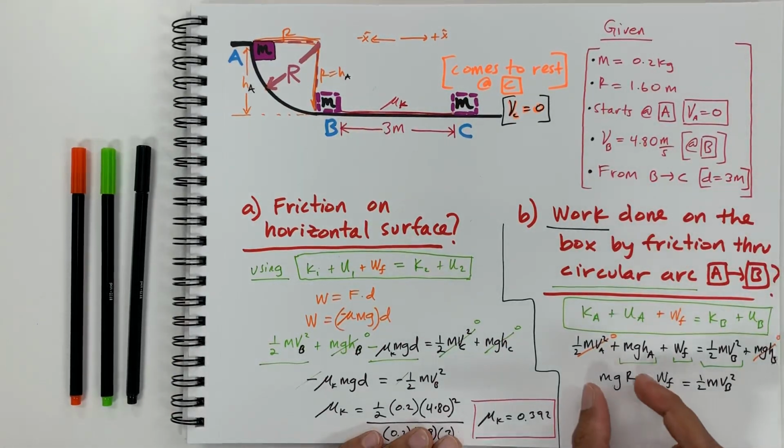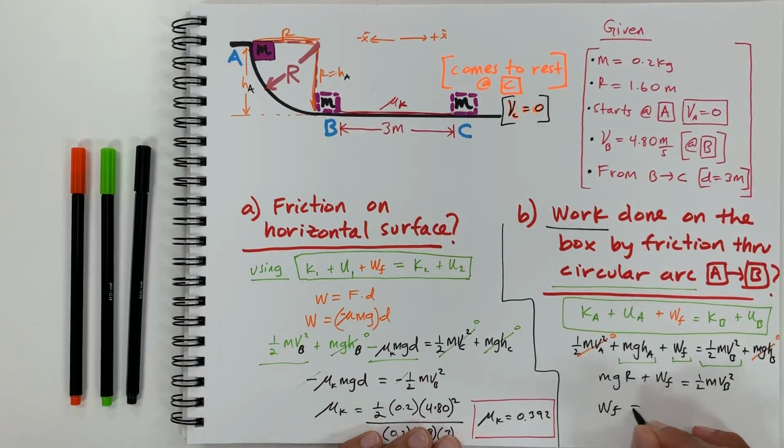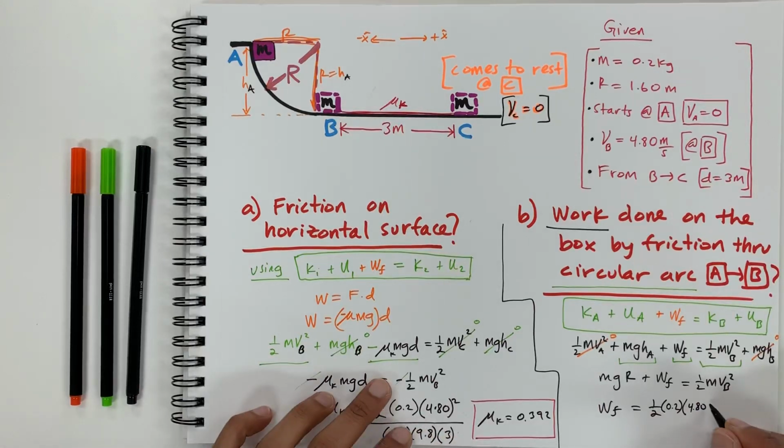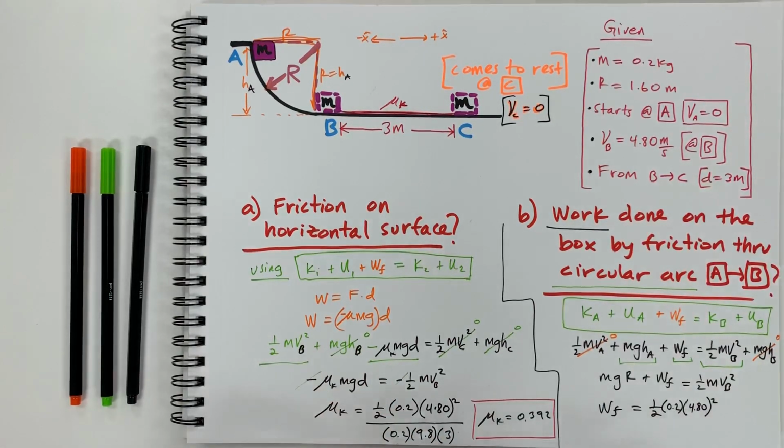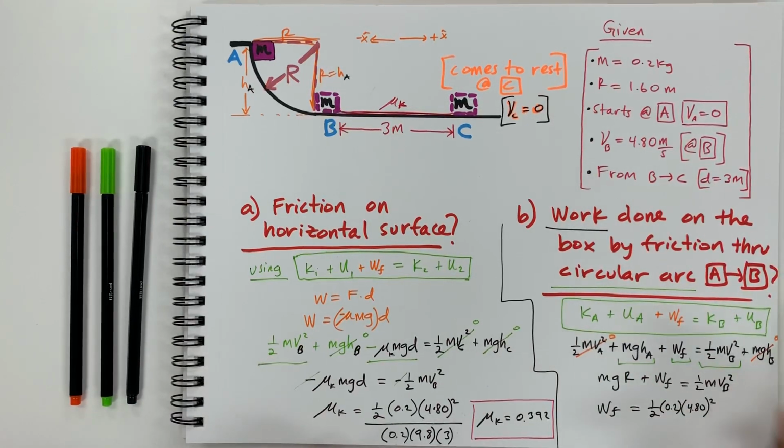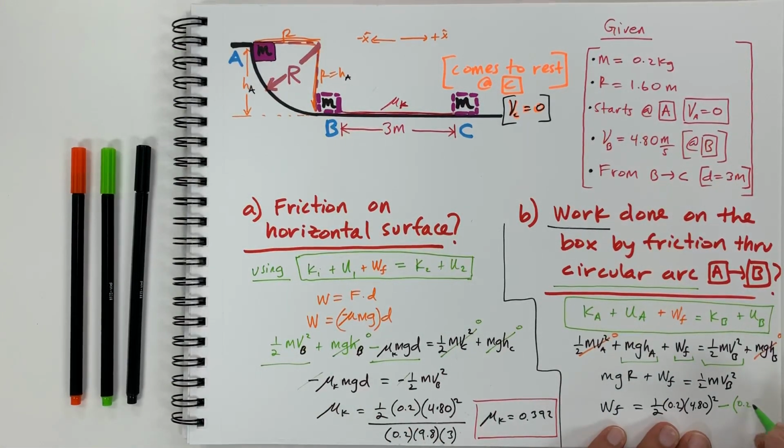All right, so let's solve for work. So we want to put this on the other side by subtracting it. So we have work due to friction is going to be 1/2, this right here is going to be 0.2 for the mass, the velocity at B is 4.80 squared. And then remember that we wanted this on the other side. So we're going to subtract, right? Now we have m, which is 0.2.